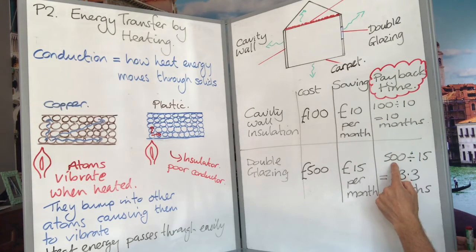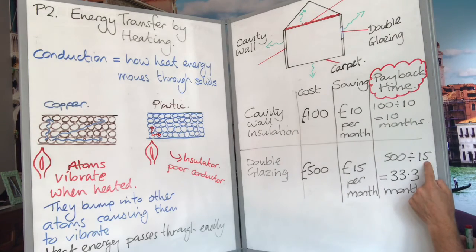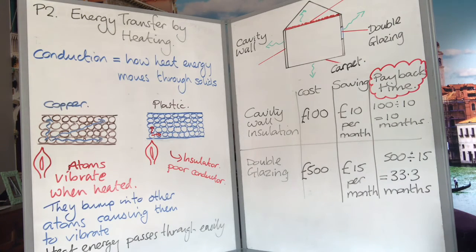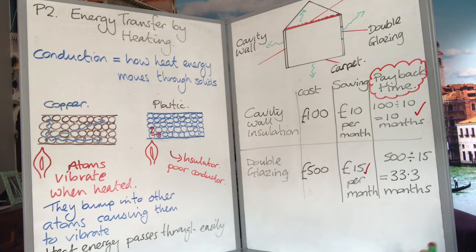If we take the £500 cost of double glazing and we divide that by the savings, which is £15 a month, that's 33.3 months. So which one will save us the most money? It is double glazing, but which one has the shortest payback time is cavity wall insulation.